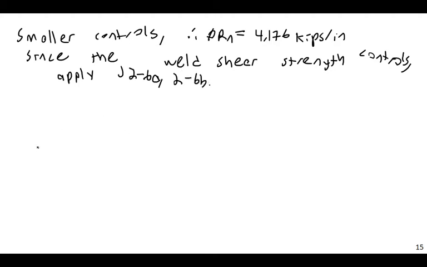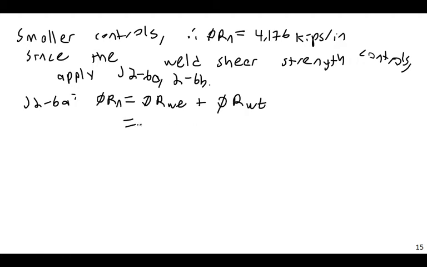And so J2-6A, if I work through this, phi-Rn is equal to phi RWL plus phi RWT. And we already have basically the strength of each of these in terms of capacity per length. So we just need to multiply by the lengths here.